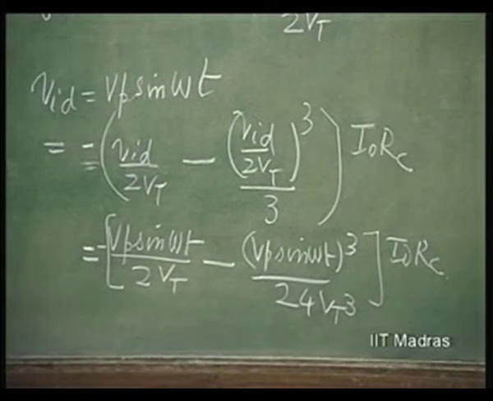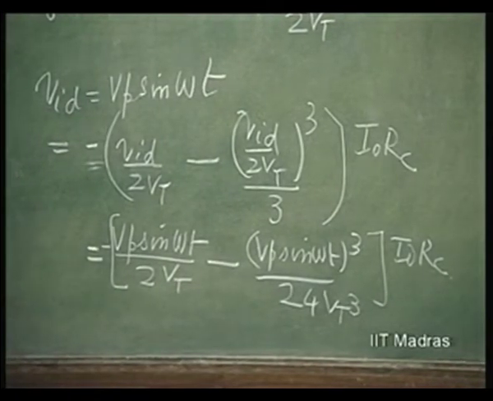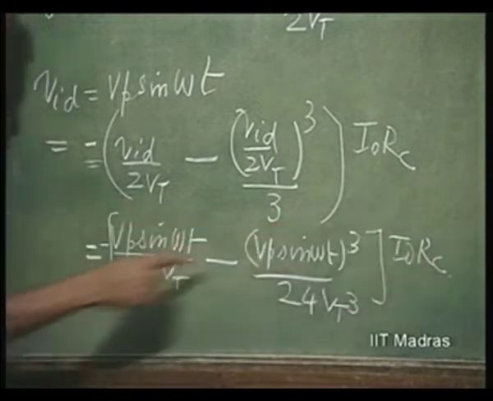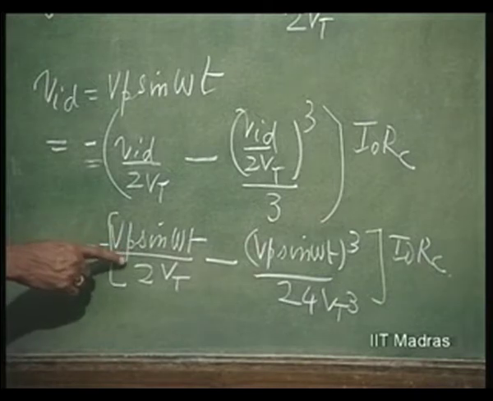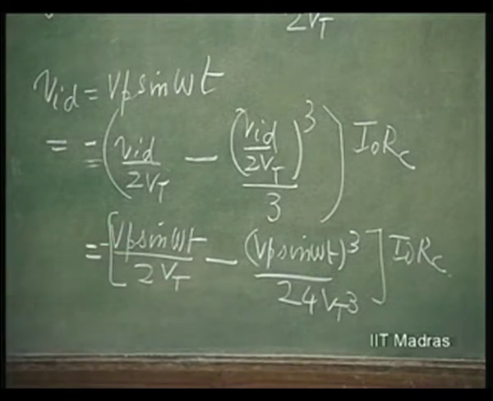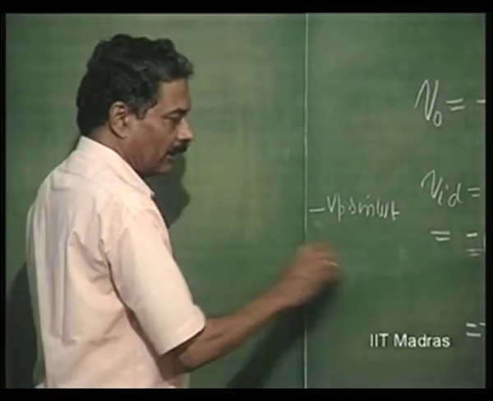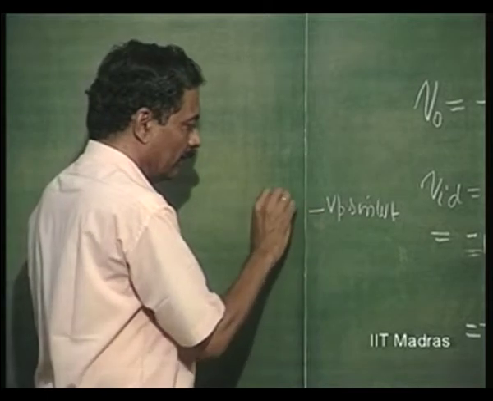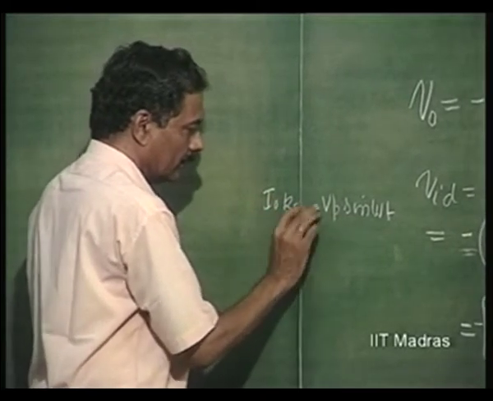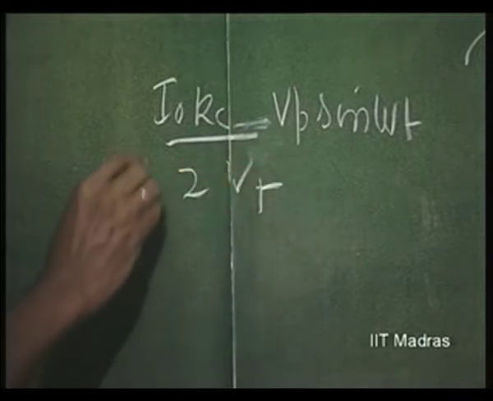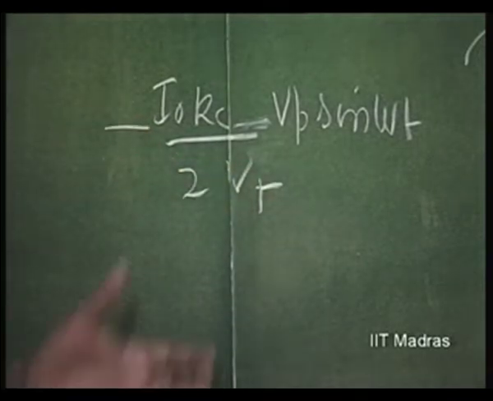Now, as far as the gain is concerned, you can see that I naught RC divided by 2 Vt. So, output will be corresponding to Vp sin omega t into I naught RC divided by 2 Vt with a minus sign. What does it indicate?